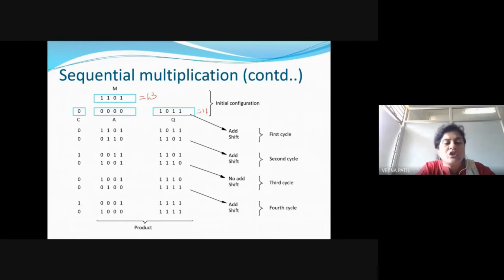The partial product is initially 0, so we write 0, 0, 0, 0 in the A register. I am going to store the multiplier 1, 0, 1, 1 in register Q, and the multiplicand, that is 13, 1, 1, 0, 1 in register M. Okay.